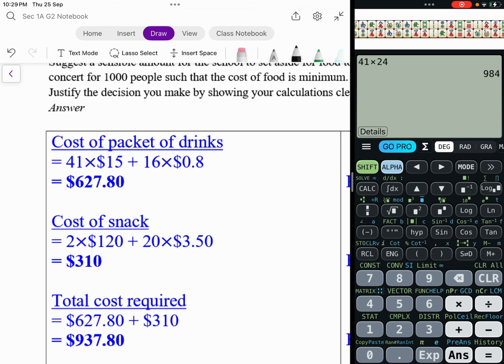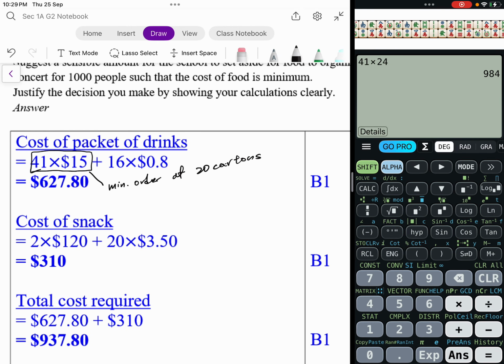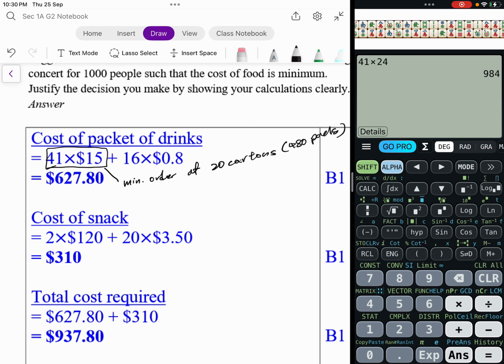Since we can order at $15, cost minimum order of 20 cartons, which is 480 packs, since we hit the minimum order, we order 41 cartons times $15, but we still need another 16 packets of drink to meet 1,000 people.